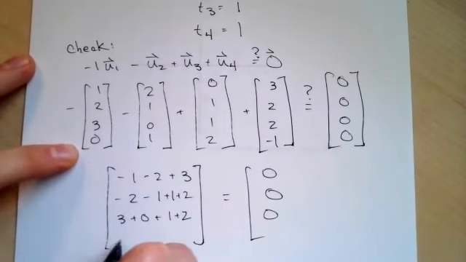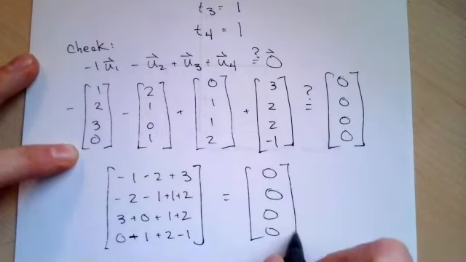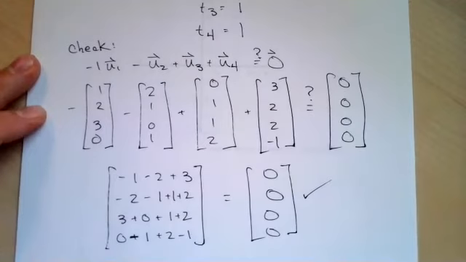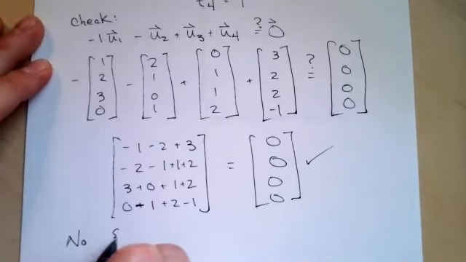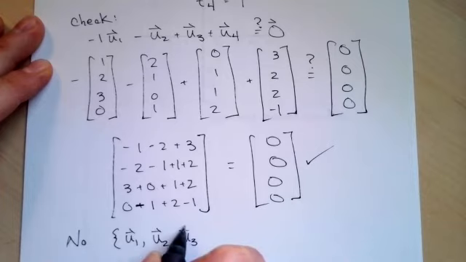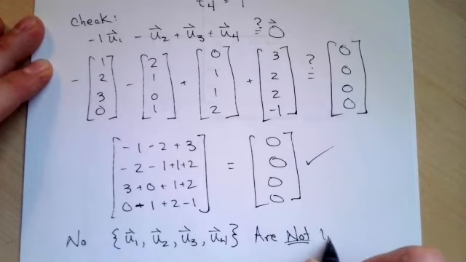And then in the last row, 0 minus 1 plus 2 minus 1 gives us 0. So our solution is no, our set of vectors are not linearly independent.